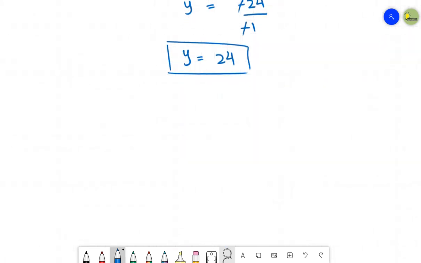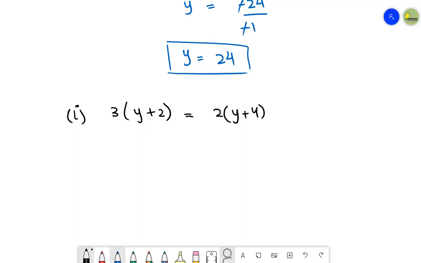Now let's move towards part I. Let's just complete this question. 3 multiplied by (y plus 2) equals 2 multiplied by (y plus 4). Now just open the brackets. 3y plus 6 equals 2y plus 8. Now what you need to do, arrange the like terms together.